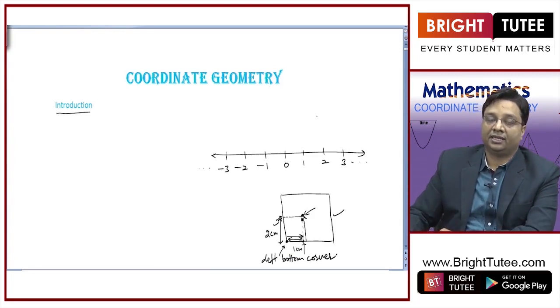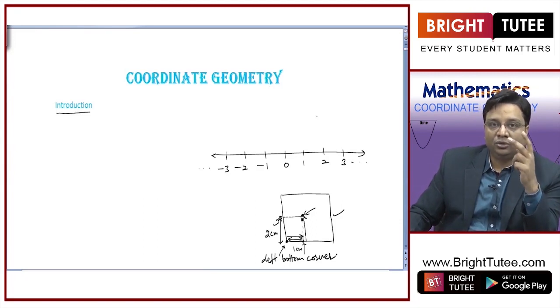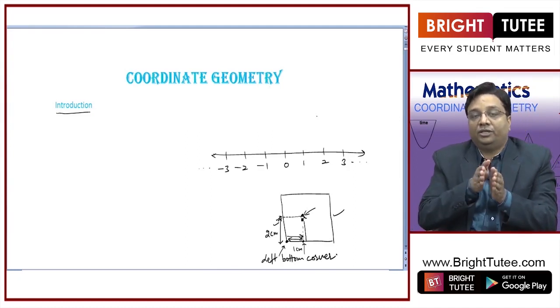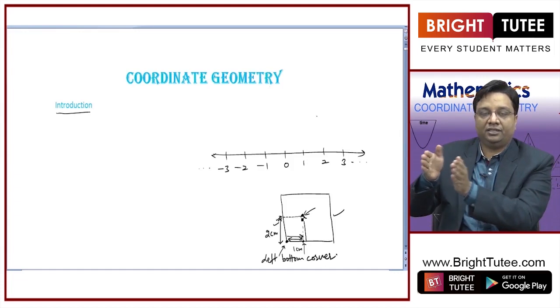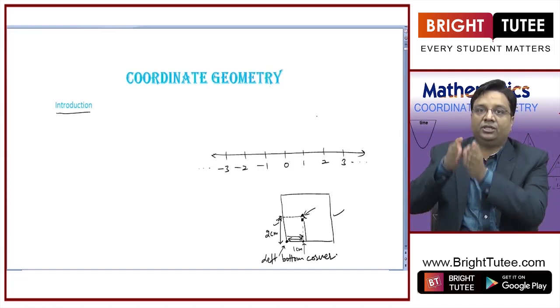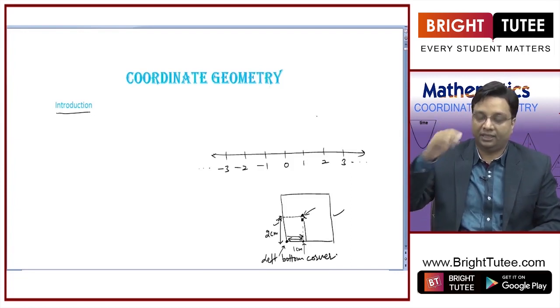So we required 2 dimensions, or we will say 2 coordinates, in this chapter because we are studying coordinate geometry here. So we require 2 things. One, how many units we have to go towards right, and how many units we have to go above, right?